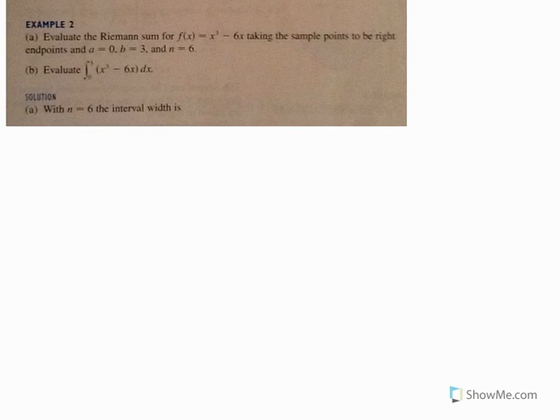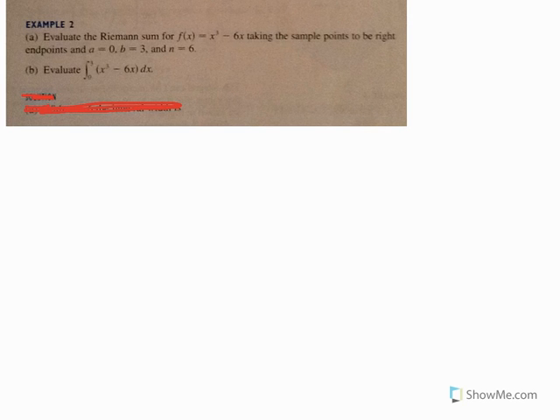Okay, here's an example from your book that talks about the connection between a Riemann sum and a definite integral. I got a little bit of the solution in my picture there, so just pretend that's not there.